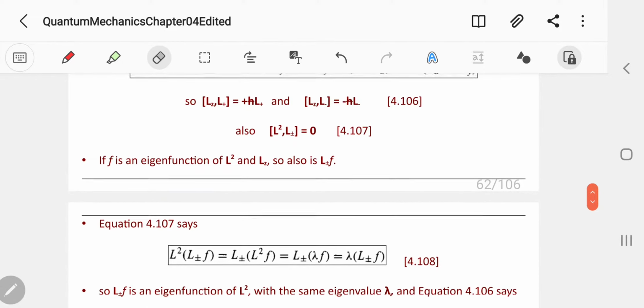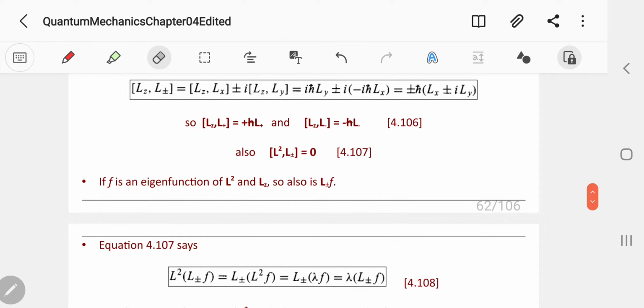So let's take a look here. L square L plus minus f, because they commute here, you can interchange this one. L square L plus minus minus L plus minus L square is equal to 0. So you can write this and this, they are equal.